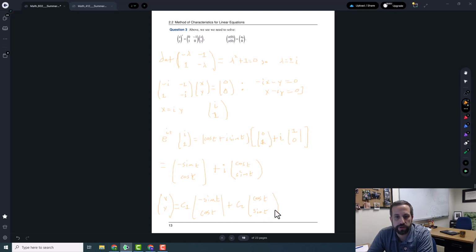So this is the general solution. Now I need to actually figure out what these values of c1 and c2 are. So I'm going to have to insert a page here.